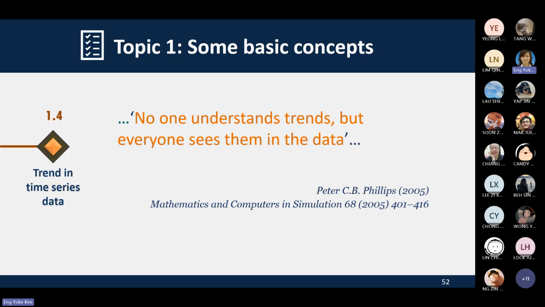When you plot your data, most of the time you see that your data behave in a trending pattern. Why do you see that? Just now we said it's because of persistency in the data. So why do we have this kind of persistency? This also triggers our intention to study this. In session 4, we want to look at this trend pattern.